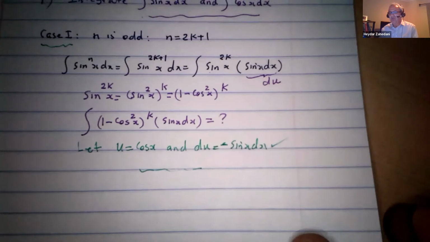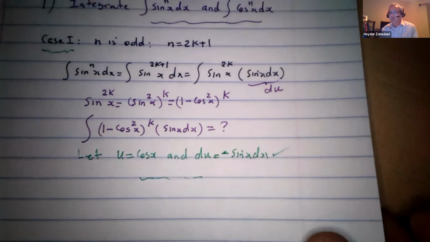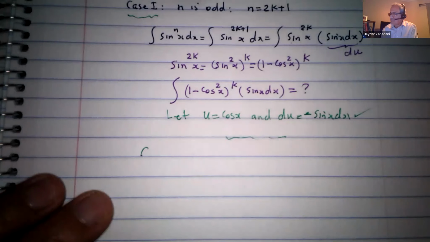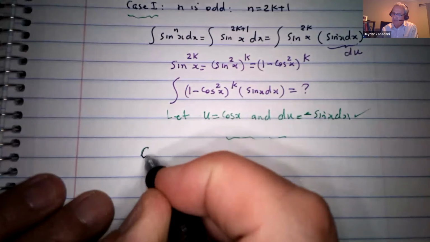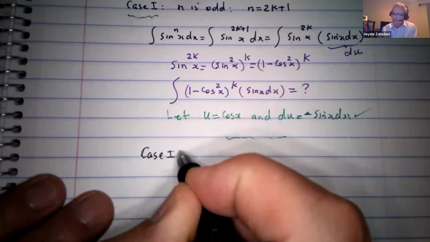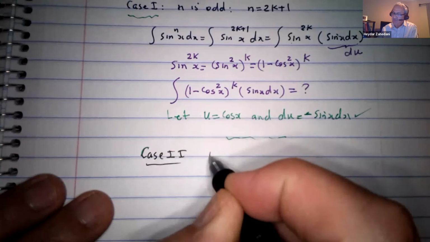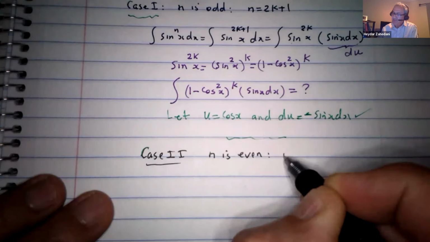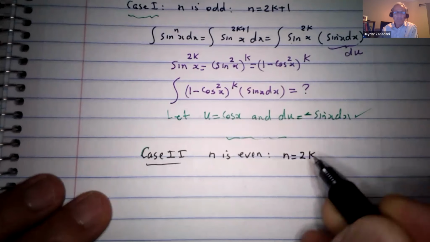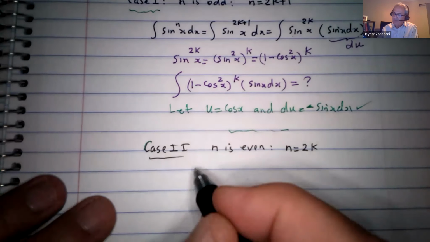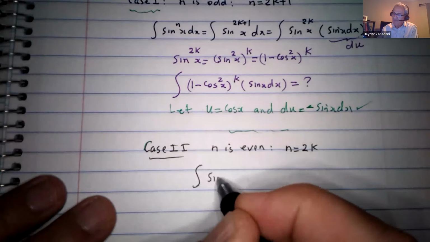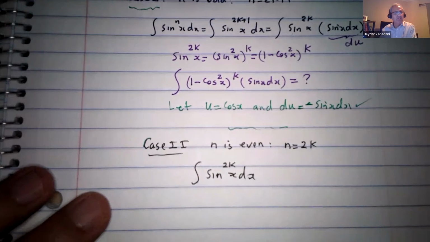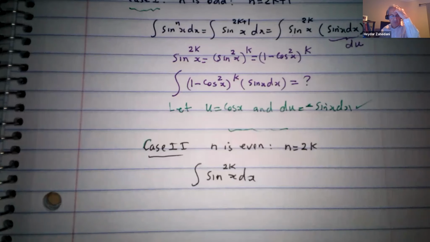Case two is going to be more involved. You have to use the double angle formula. So what is case two? Case two is if n is even. If it's even, it's going to be like 2k. So you have to find the integral of sine to the 2k of x dx, and the power is even. For this one, you have to use the double angle formula.